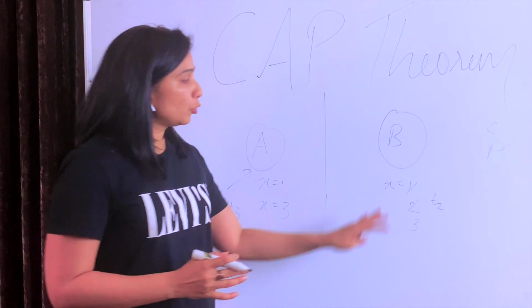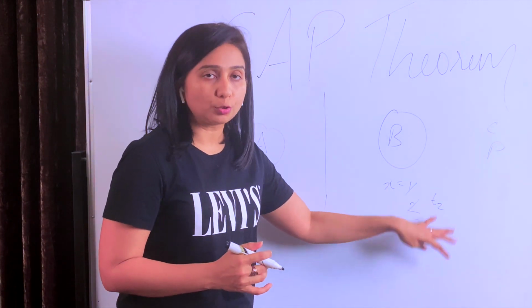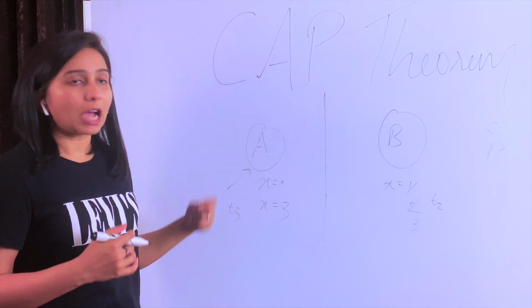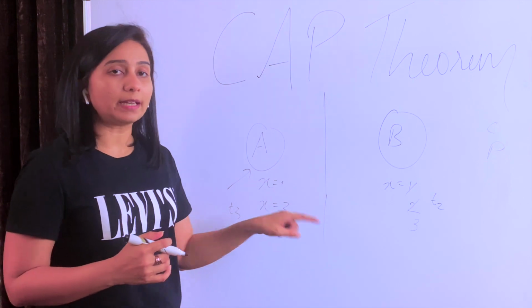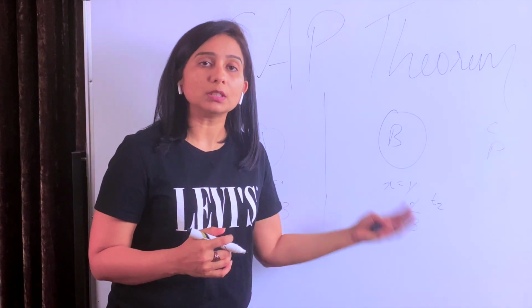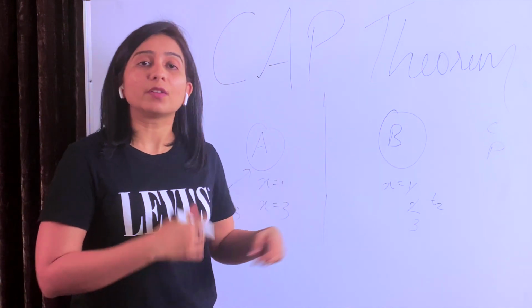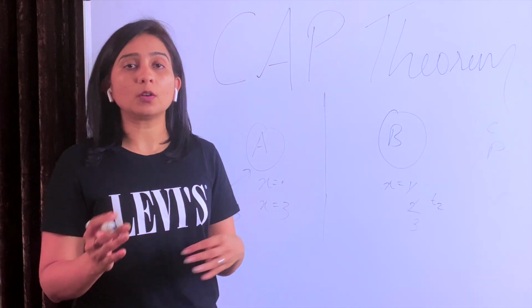The request going to B will see the older value 2, and the request going to A will see the value 3. But after some time, both the nodes will reconcile and both will start giving the same value.